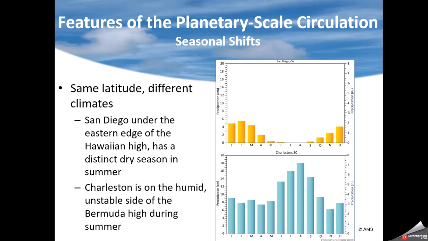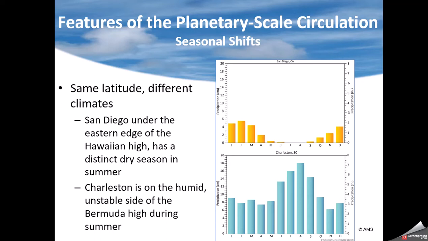Oh yeah, with these high pressure systems and the trade winds. Think about it. If you're on the east side, like San Diego is, the air is going to be coming out of the north. So it's cooler air. It's going to tend to sink around the high. So you wind up not getting too much in the way of moisture coming in, even though it's coming around the ocean.